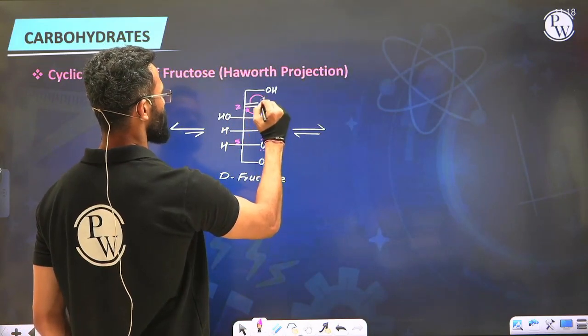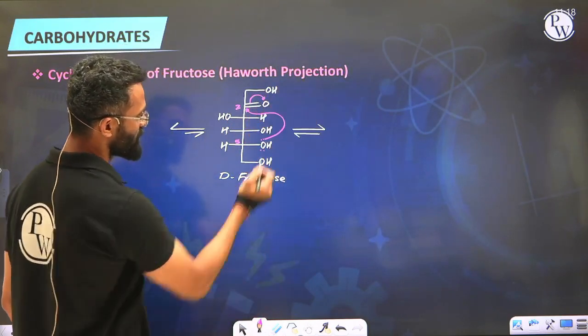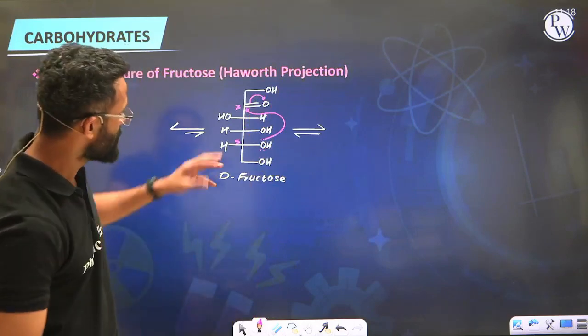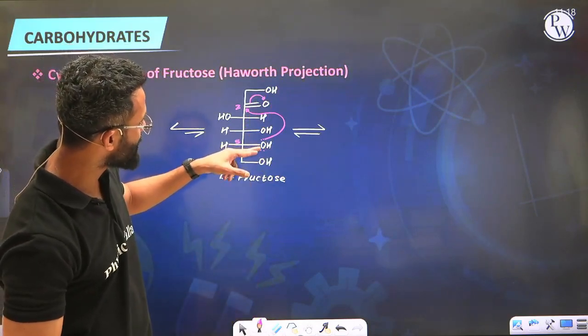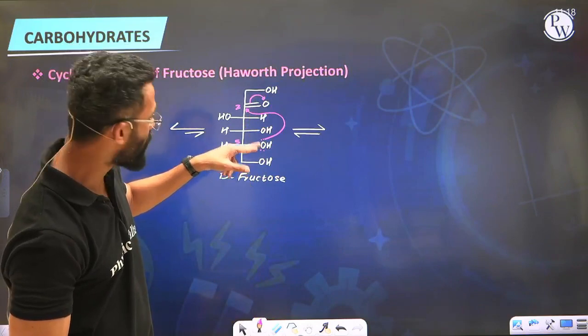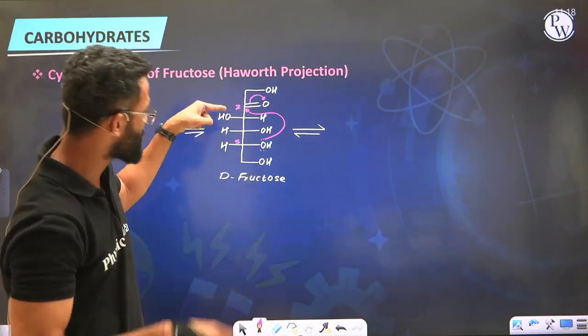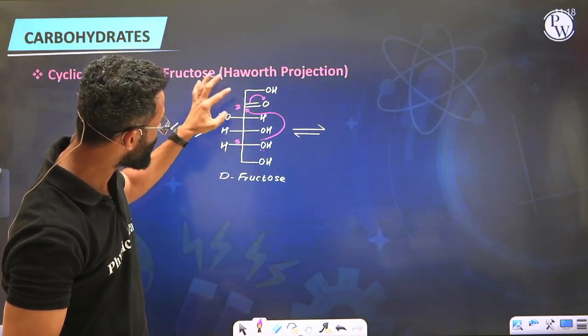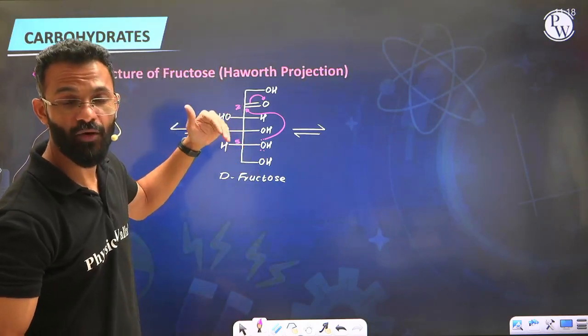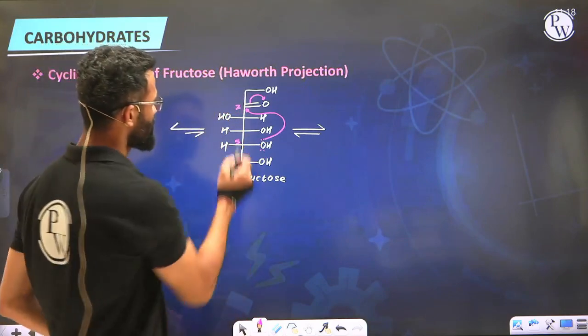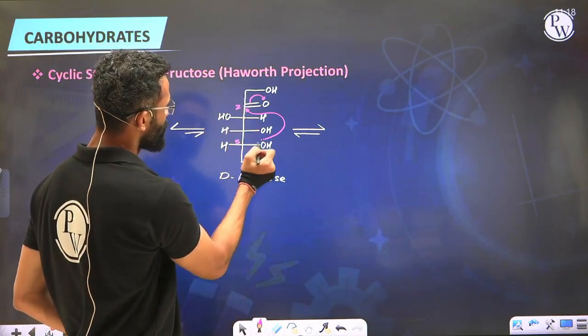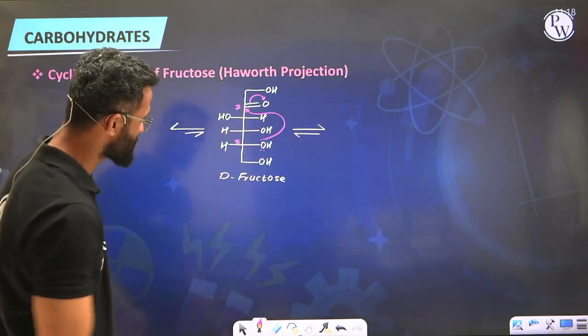This bond will break to make it O-, which will then be protonated, and this will undergo deprotonation. Now the cyclic structure formation is taking place via an oxygen atom between 2 and 5. I'm just counting the number of carbons in the cyclic structure: 1, 2, 3, 4, 5. So we're going to get a 5-membered cyclic structure.